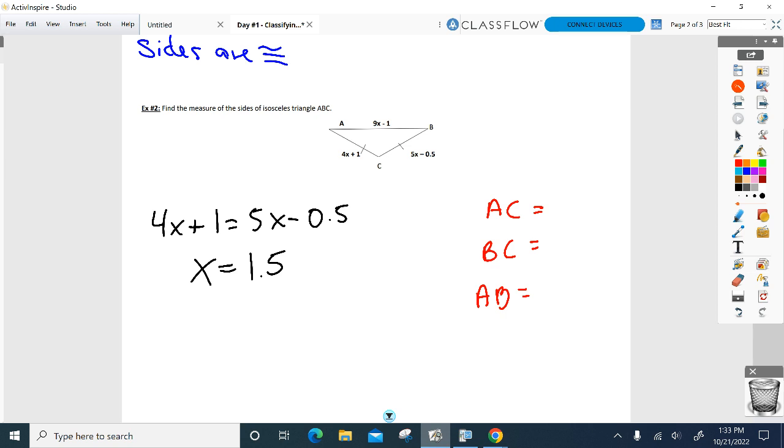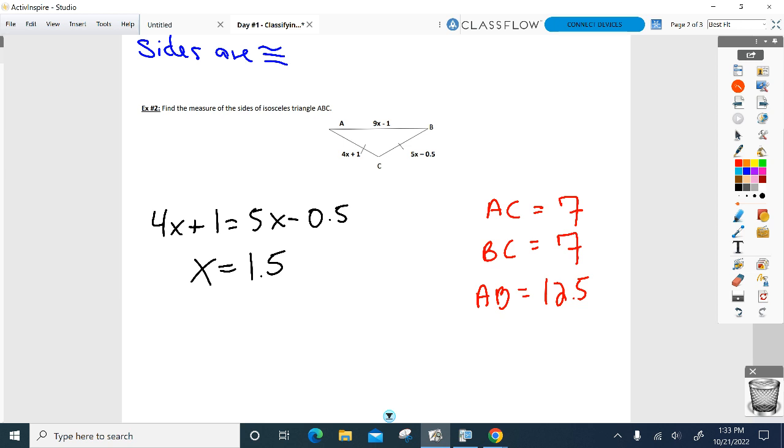AC equals 17, and then BC, 17. I mean not 17, 7. BC equals 7. Yep. And then AB equals 12.5. Right, two sides better be equal.